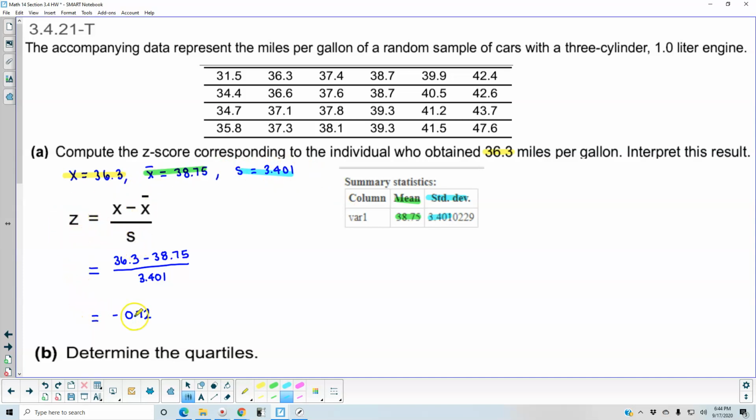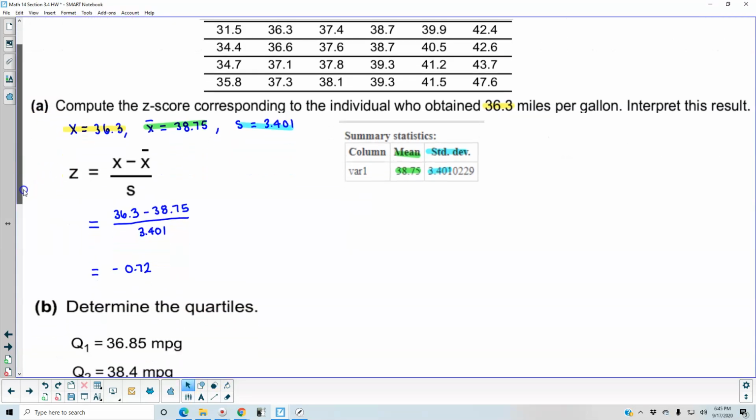X is 36.3 minus the sample mean, 38.75, divided by the sample standard deviation, 3.401. We get a z-score of negative 0.72, and you always round your z-score to 2 decimal places.